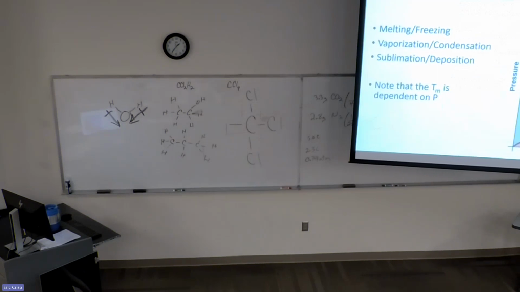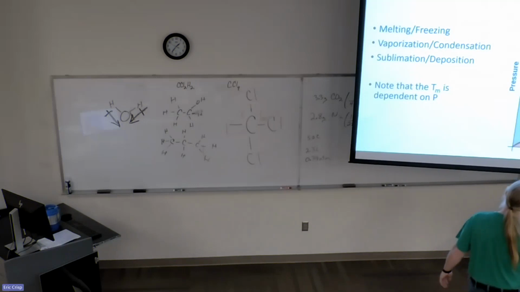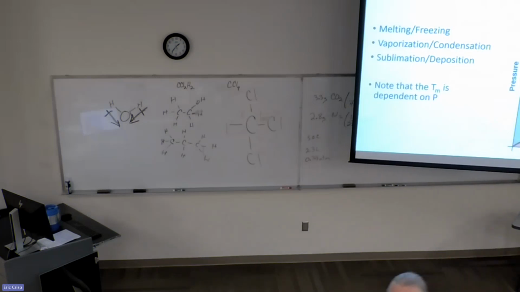Okay, but let's assume it's water, and we want to change it from what phase is it in right now? Liquid, just liquid water, aqueous phase. And we want to change it into a vapor phase, a gas. We would do, what's my verb? Well, we would do what to it? What's that called? We would boil it, right? You could also call it vaporization, okay? So start to get familiar with the terms your textbook uses: vaporization, boiling, same thing, okay?